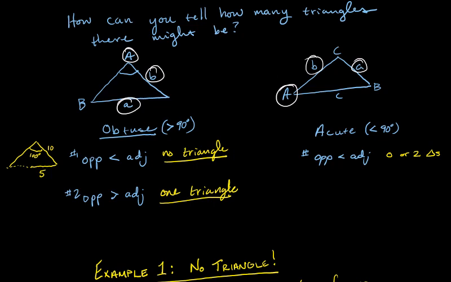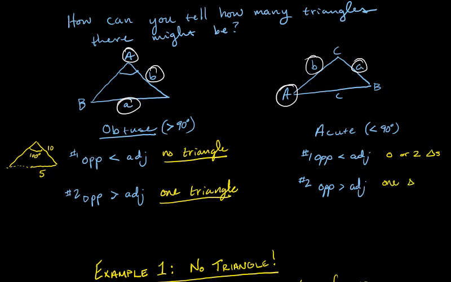So scenario number 1, if the opposite side is less than the adjacent side, you'll have either 0 or 2 triangles. Number 2 would be, obviously, if the opposite side is greater than the adjacent side. And if that happens, then you're only going to have one triangle.